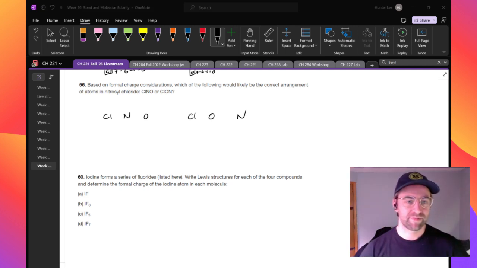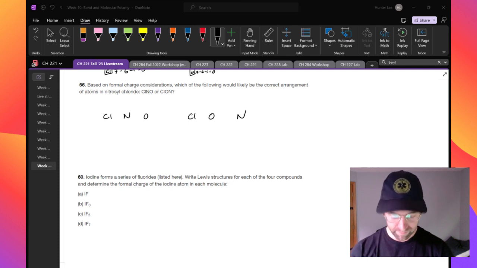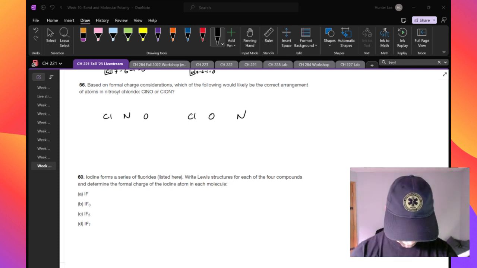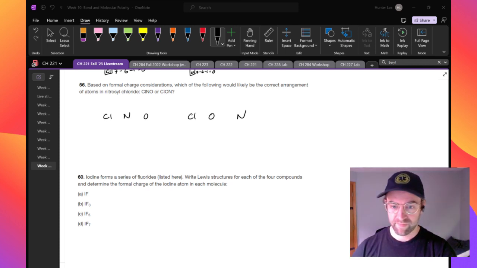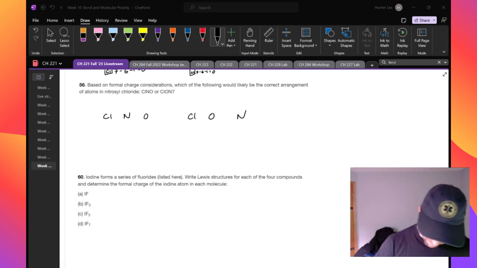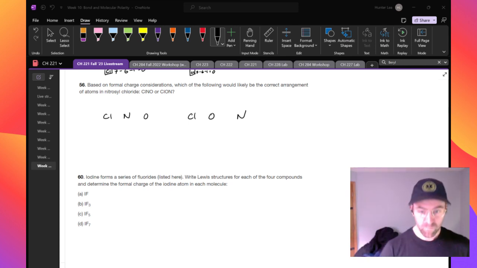Ooh, interesting. Okay, based on formal charge considerations.